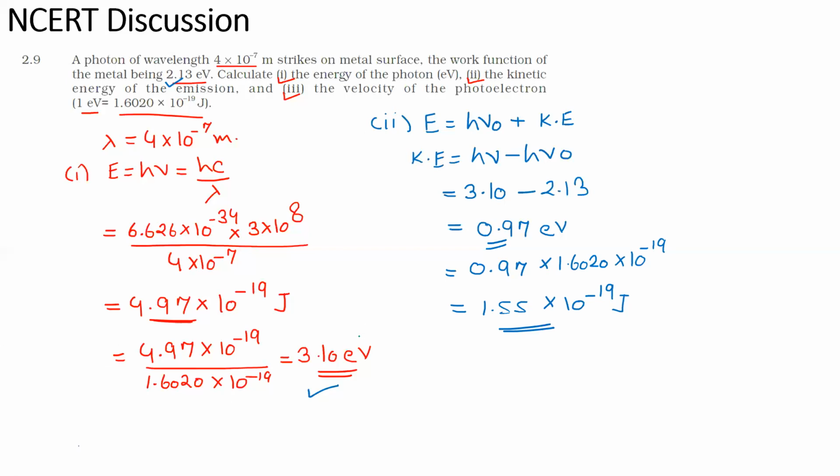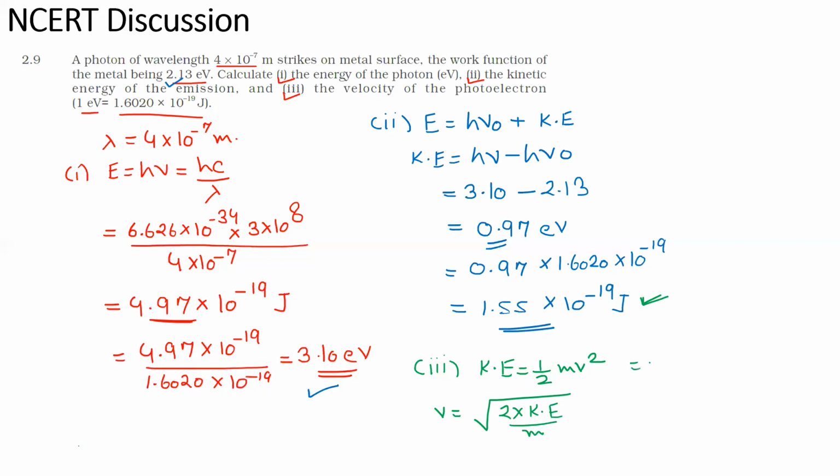The third part says what is the velocity of the photoelectron, or the velocity of the ejected electron. We know that the kinetic energy is equal to half mv square. Here we are going to use kinetic energy in terms of joules because this is in SI units. So velocity equals the square root of 2 into kinetic energy divided by the mass of the electron.